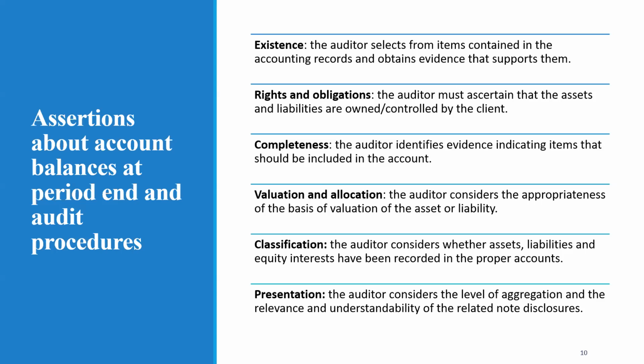So what are the frequently used tests for rights and obligations? You could review shipping documents to see who owns inventory in movement, in transit. So you review the documents which support the ownership.